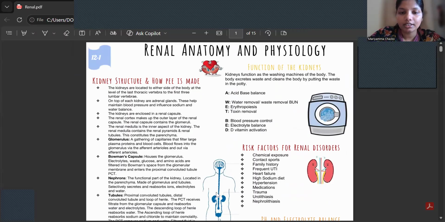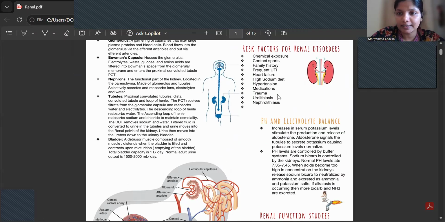Okay, let's start. Then is the urinary system. In our nursing school, we already studied about the ureters, kidneys, urinary bladder, and urethra. The kidneys eliminate and restrict the waste products, and the urine formed in the kidney is passed through the ureters to the urinary bladder.